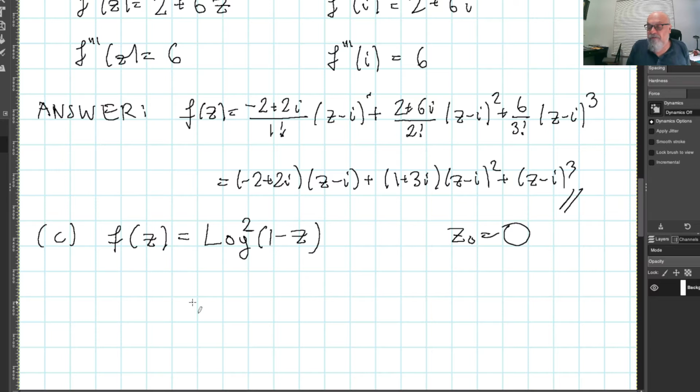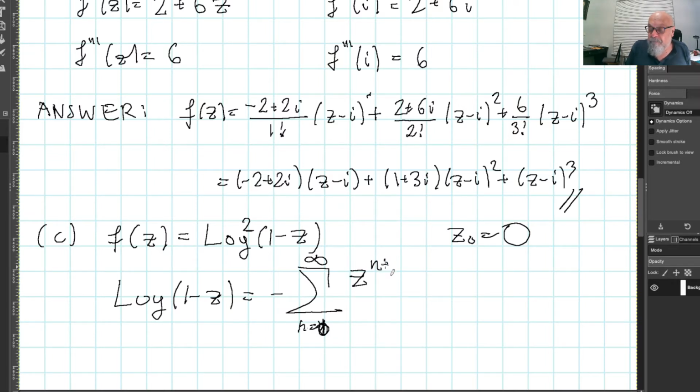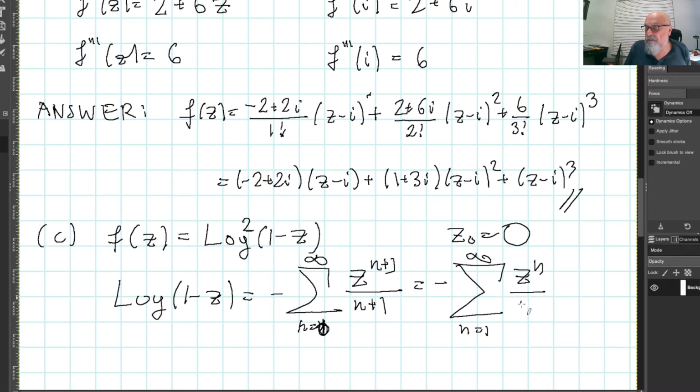So we did this example, so you can see that in our case that particular principal logarithm of 1 minus z can be written as minus the sum, n equal 0 to infinity, of z to the power n plus 1 divided by n plus 1, which can be written as minus the sum, n equal 1 to infinity, of z^n divided by n.